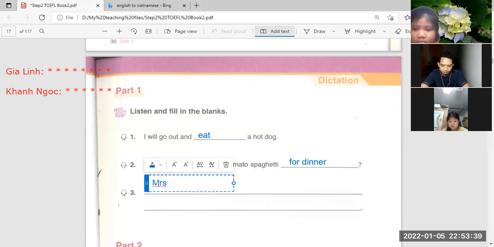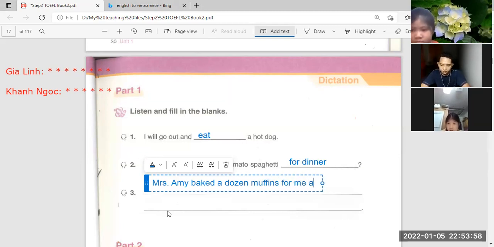Mrs. Amy baked a dozen. Okay, can you? Mrs. Amy baked a dozen muffins for me as a birthday.